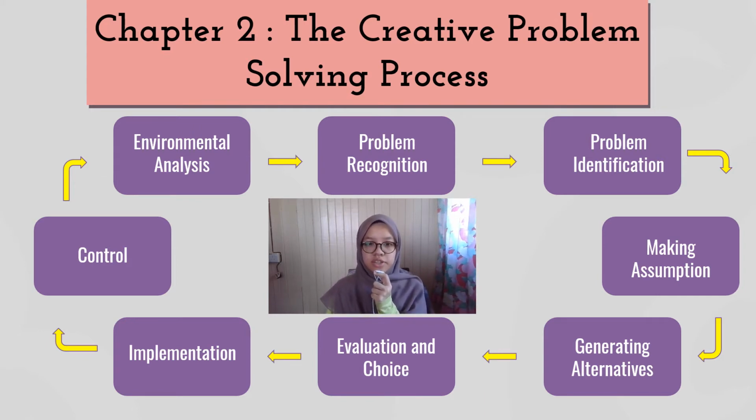At this stage, the observer or the manager will gather information about the opportunities and problems identified within the organization. Only then will we move to the second stage, which is the problem recognition.